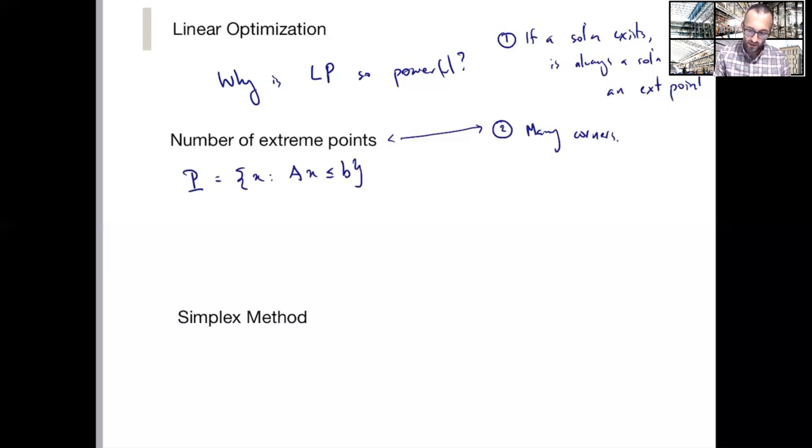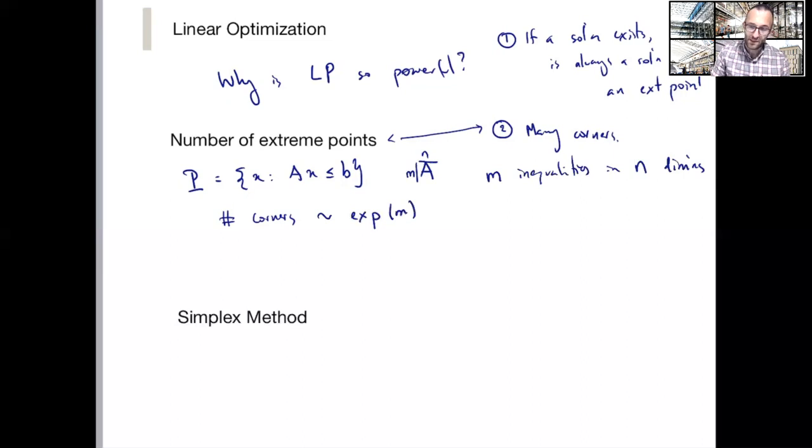I want to know how many corners this could have as a function of how many facets. So A is an M by N matrix. That means I have M inequalities in N dimensions. It turns out that the number of corners could be exponential in M.